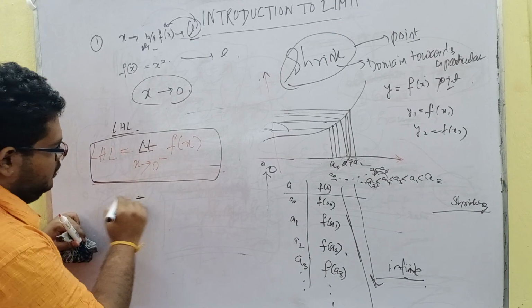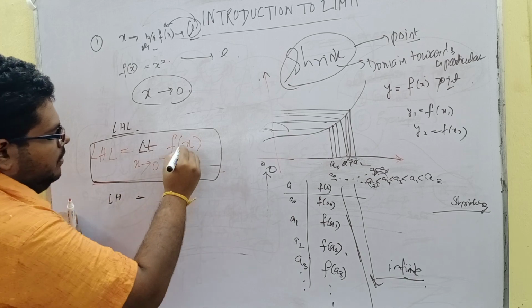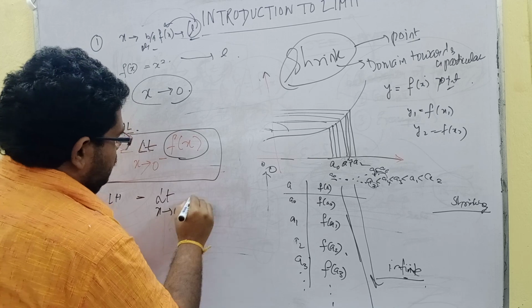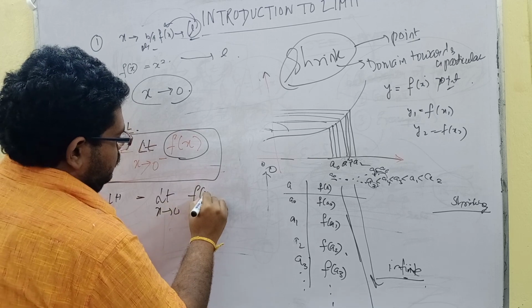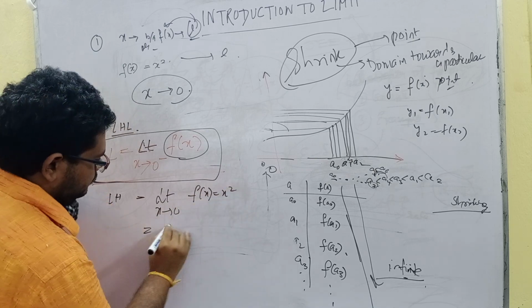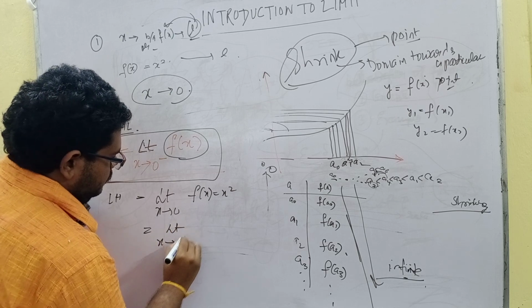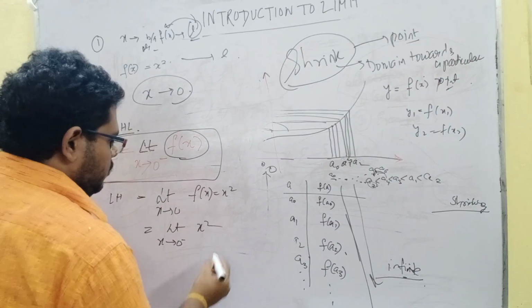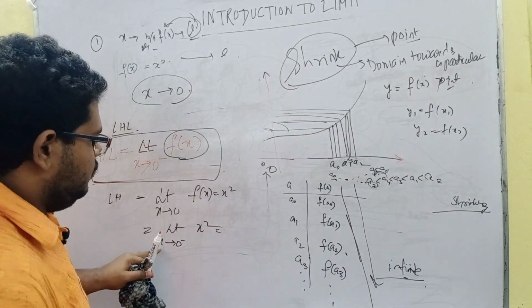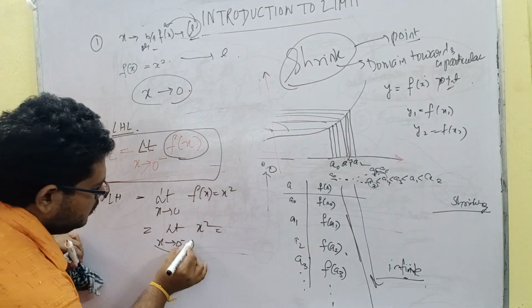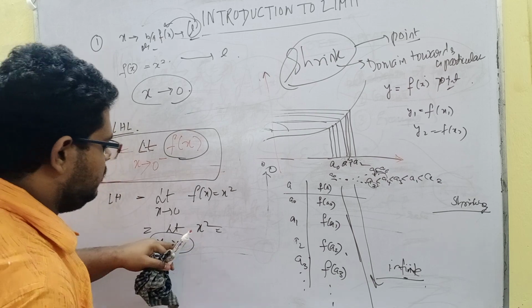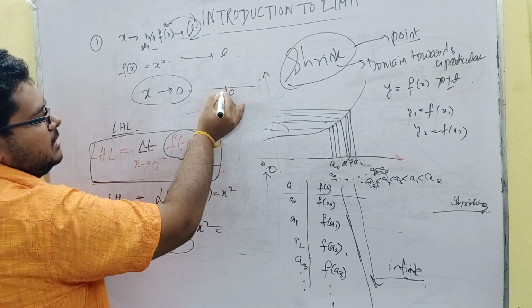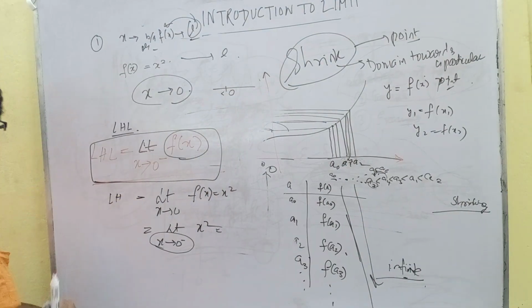So we will put f(x) equals x square. This is what we have got. Now we can't put something over here, right? Because this is some value which is less than 0, but we don't know which value.